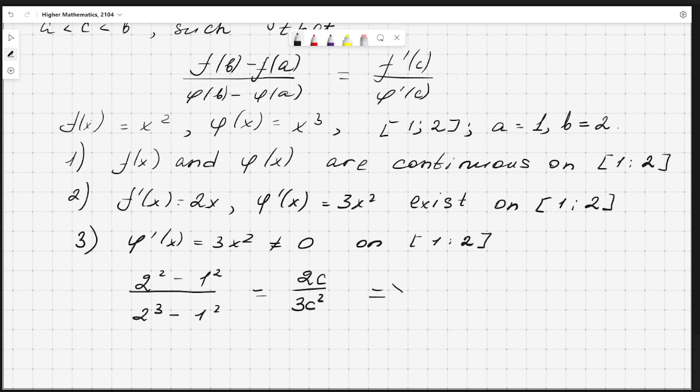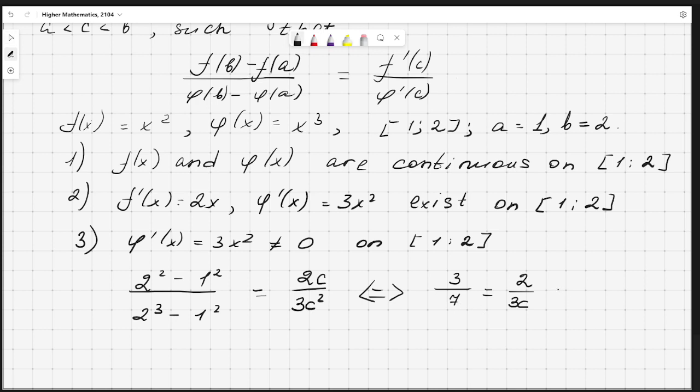Calculate. 2 squared minus 1 squared is 3. 2 cubed minus 1 cubed is 7. Is 2 over 3c. We can take out 1 degree of c.